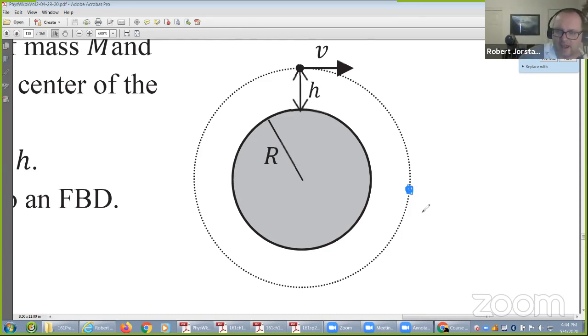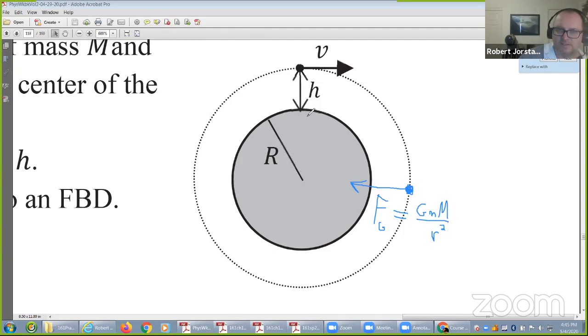What are the forces acting on it? Gravity. So there's a force due to gravity. The magnitude is G M M over, in this case, I'm going to say little r squared.